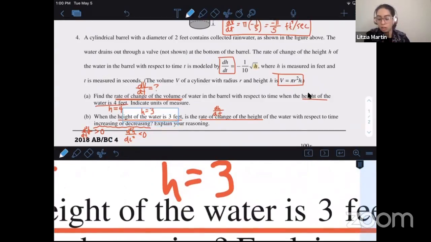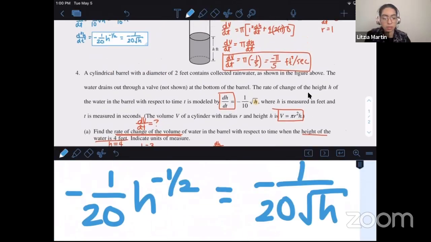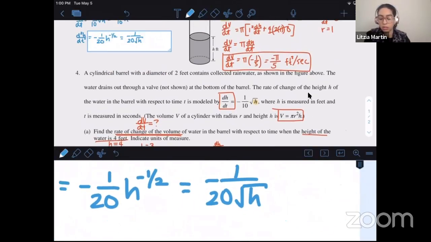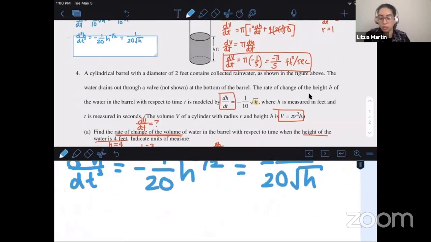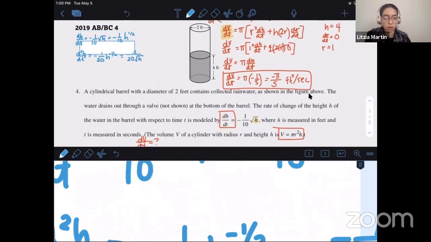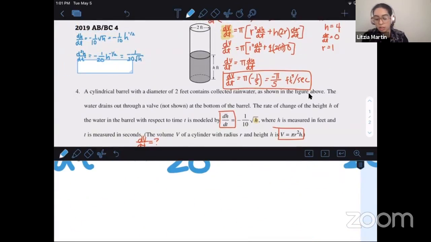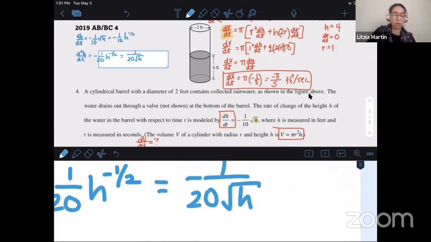We want to know if it's increasing or decreasing. One thing I did forget here, which is really important, is d squared.